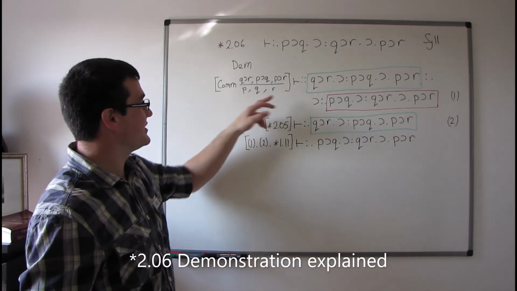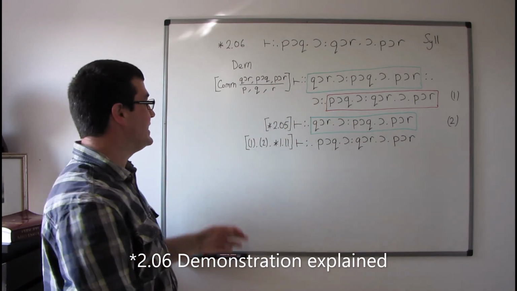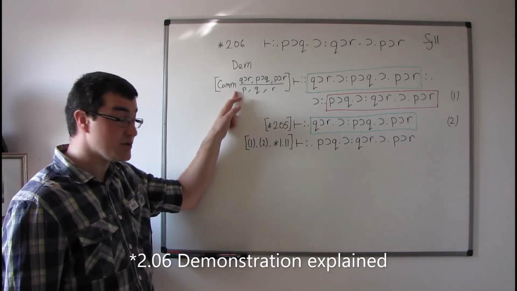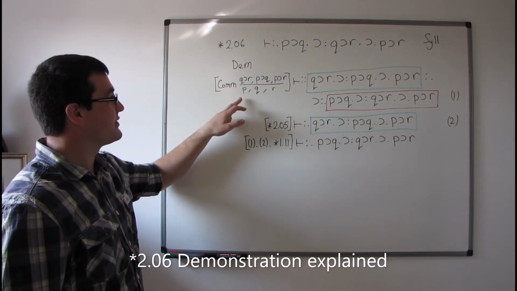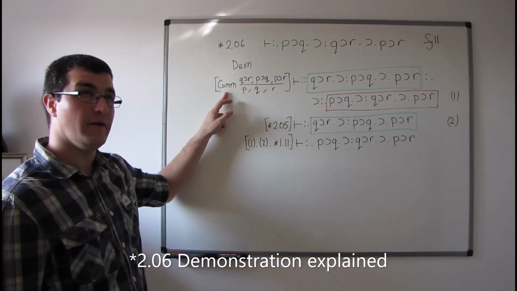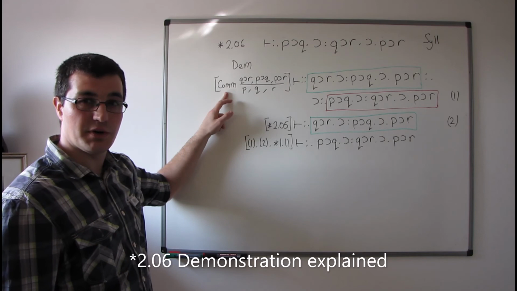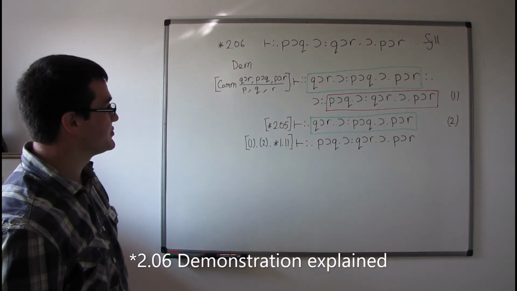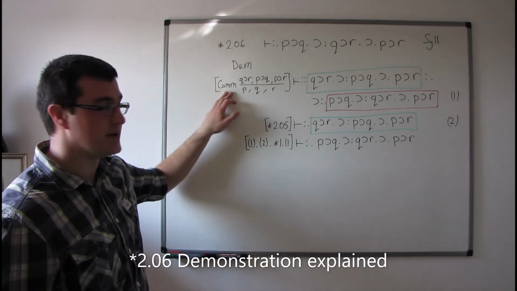So what this is saying is that this assertion is being made in accordance with the principle of commutativity, with these appropriate substitutions. So this is proposition 2.04, which I've not stated, and I've not gone through the demonstration of it, but I think it's 2.04.